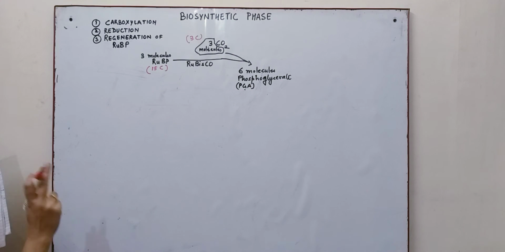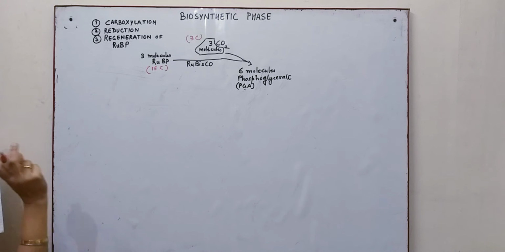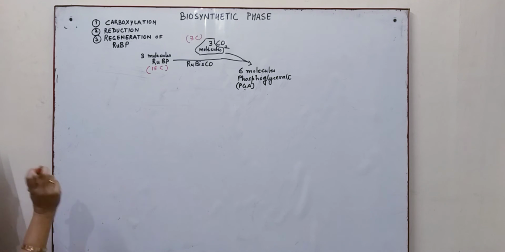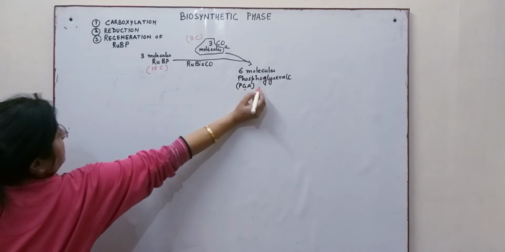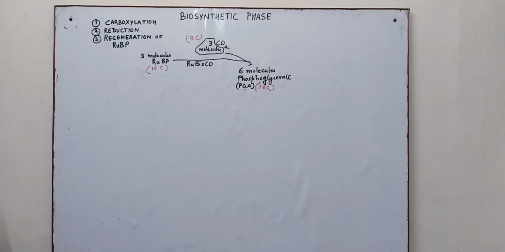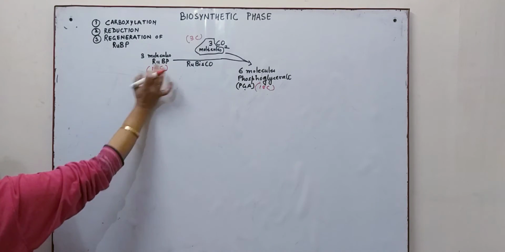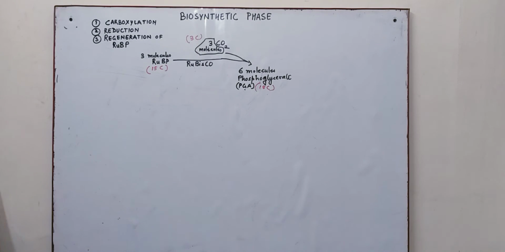PGA is a 3 carbon atom compound, so 6 into 3, that makes it 18 carbon over here. Now the Rubisco enzyme over here acts as carboxylase, because it is helping in combining carbon dioxide with RUBP.